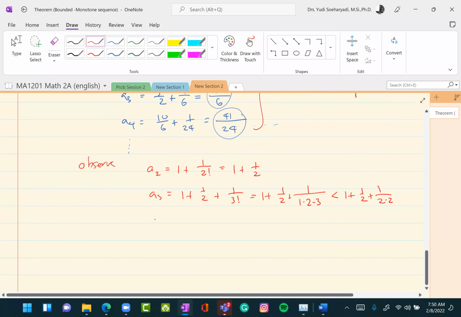Okay, what about A4? Well, this is 1 plus 1/2 plus 1 over 4 factorial. This 4 factorial is 1, 2, 3, 4, right?